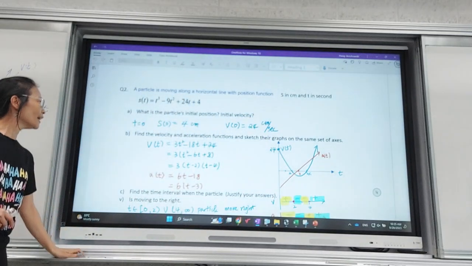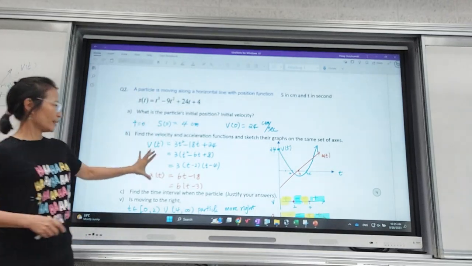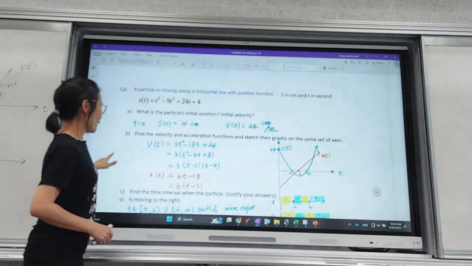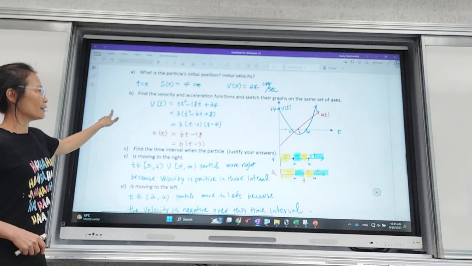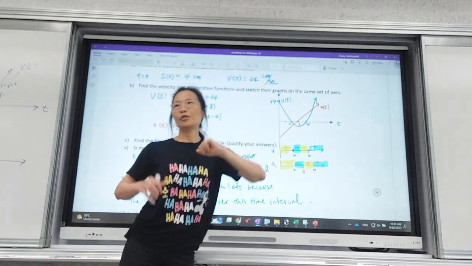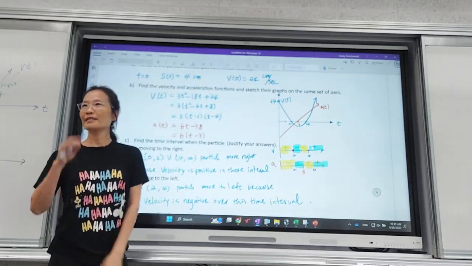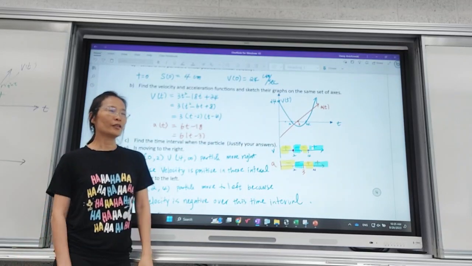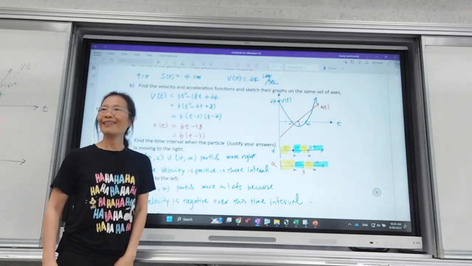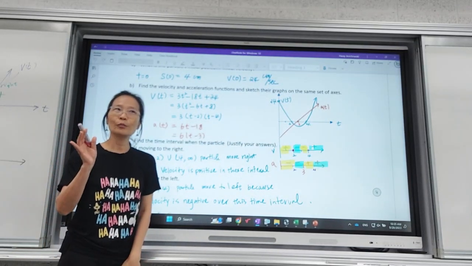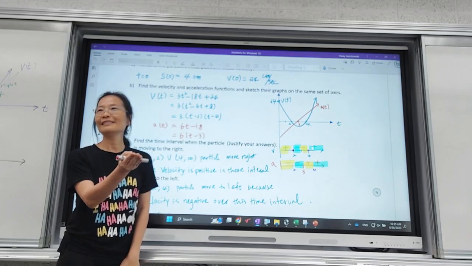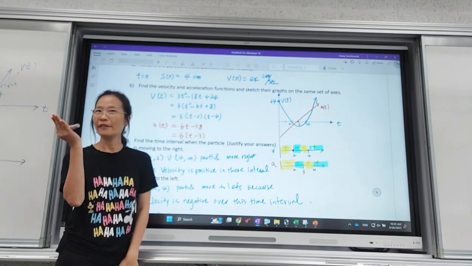So that's done. Now find the velocity and acceleration. We did that. We graphed it. Okay, so graphing this immediately shows us the particle's motion. Is the particle moving to the right or left? That all depends on which function? Velocity.